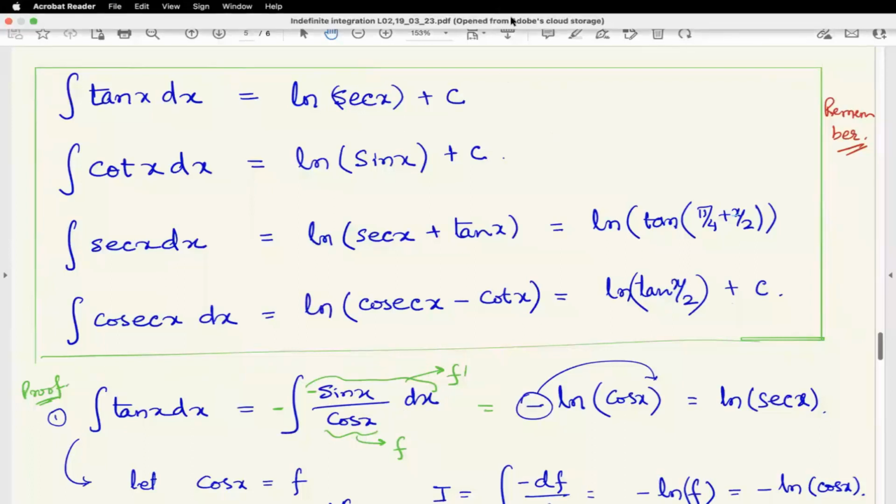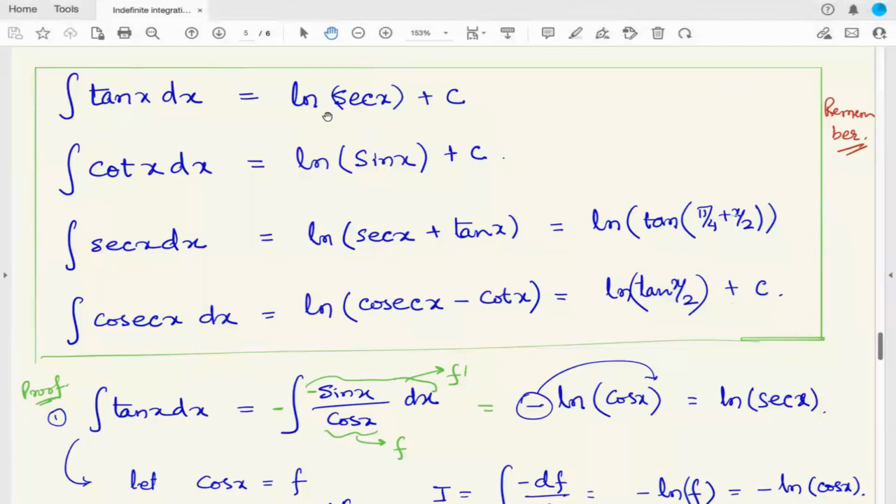Let me write it. What I'm trying to say is, we have to find the integration of tan x. So we can write tan x as sin x by cos x.